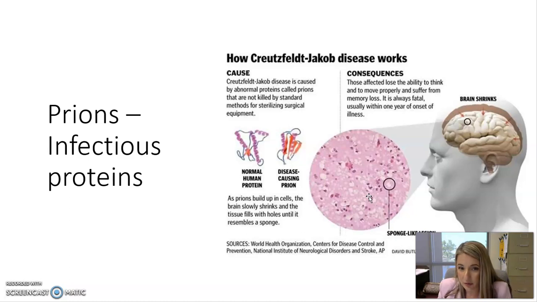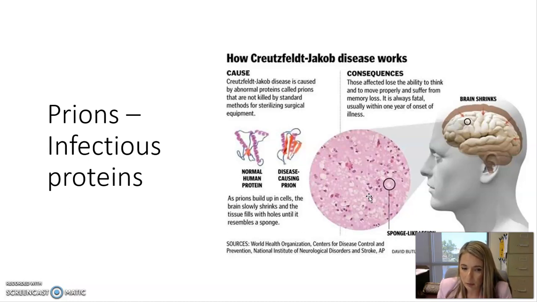You actually have to soak the surgical instruments in bleach for an hour and then sterilize at 121 degrees Celsius in the autoclave for another hour to get rid of the prions. So if you were just running standard sterilization procedures on equipment that was contaminated with misfolded prion proteins, you would not get rid of them, and you could potentially infect a patient. So you have to be very cautious there.